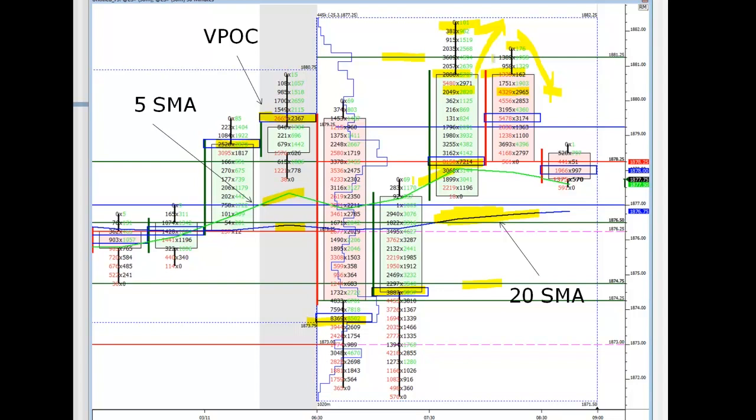But again, the profile helps us in terms of identifying the key points that we really should be looking at and understanding profile concepts, just this very simple concept of what happens when prices deviate away from value. Helps me to identify the trading opportunity, and the order flow just becomes another tool in my toolbox to determine whether I want to enter long or short.